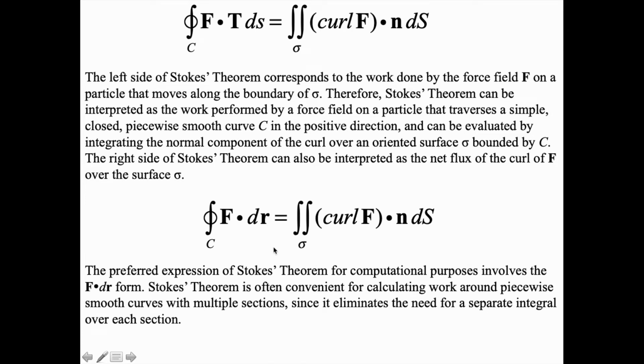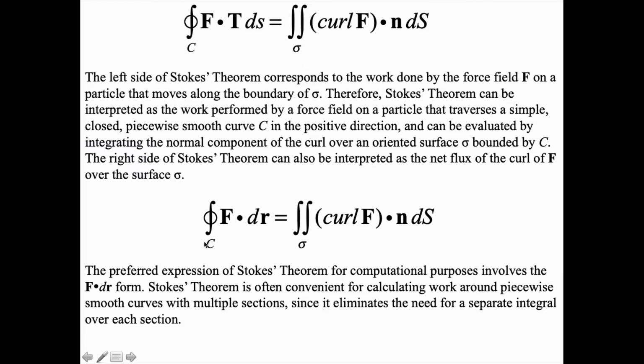Okay. Now when it comes to computations, the preferred expression of Stokes theorem for computational purposes involves our familiar friend F dot dr, and that's often the way to go, computations that we're used to with regard to line integrals. Sometimes though the right side is a little easier to work with. Stokes theorem is often convenient for calculating work around a piecewise smooth curve with multiple sections, right?